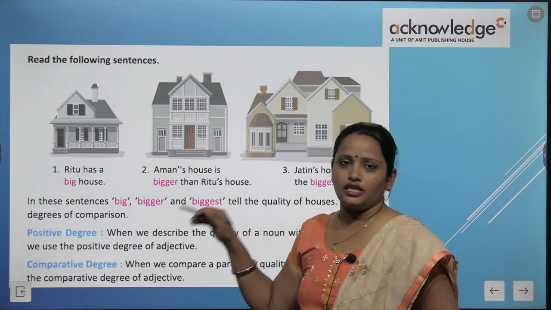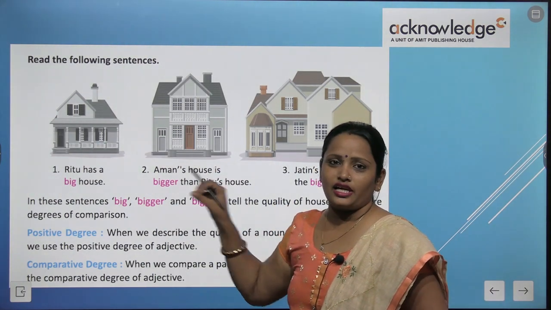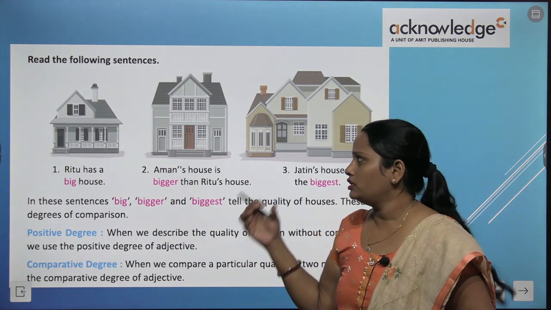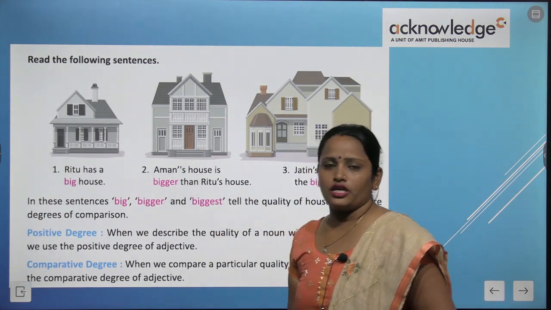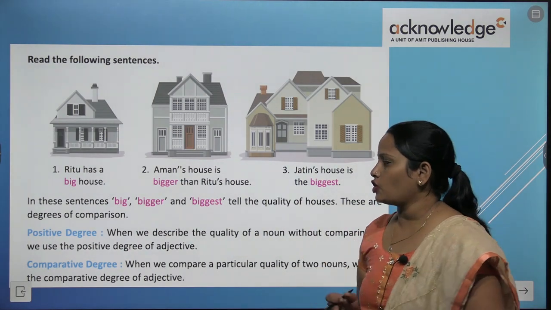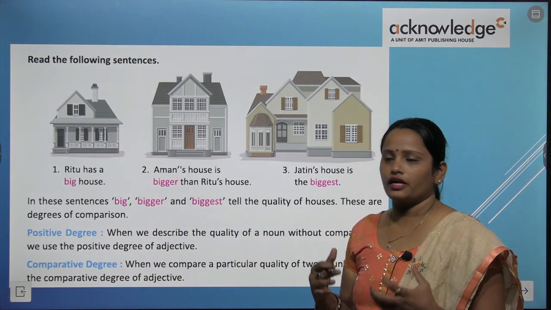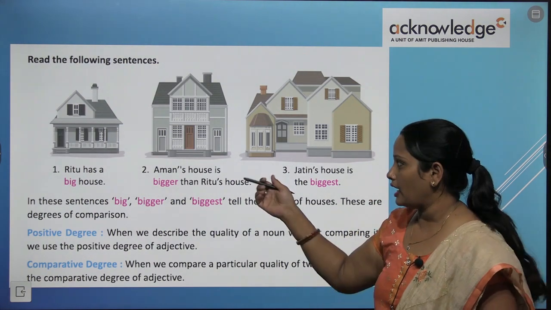So, here we can see there are three houses in front of us and we are telling one thing about each. First is the house of Ritu, वो एक बड़ा घर है. Then we are talking about another house, that is Aman's house. Aman का घर है जो कि रितु के हाउस से भी बड़ा है.